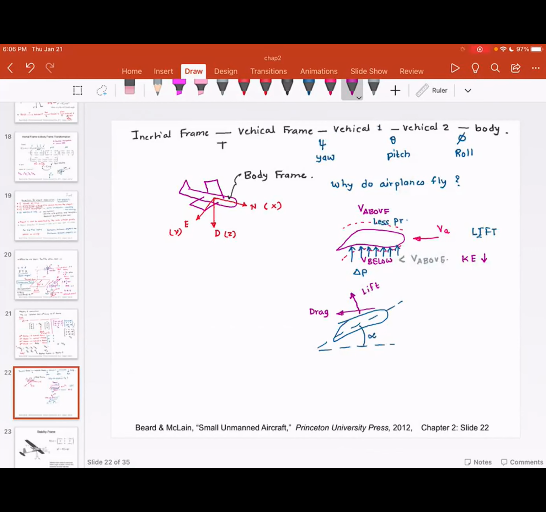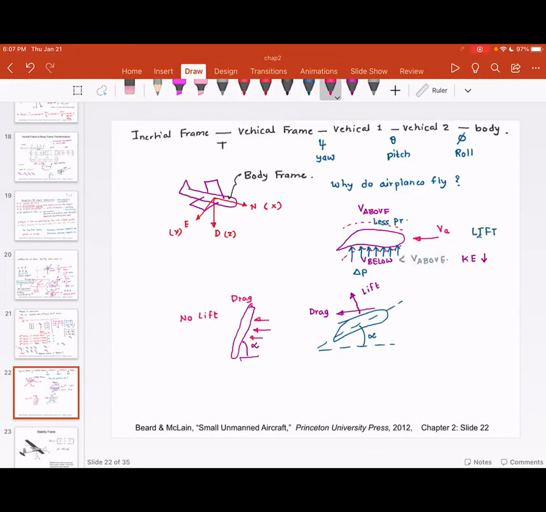Now, if you were to increase this angle, which is called the angle of attack, to a very large value, there is no lift. All the incoming air is just going to drag this air back. So there will be just drag and no lift.